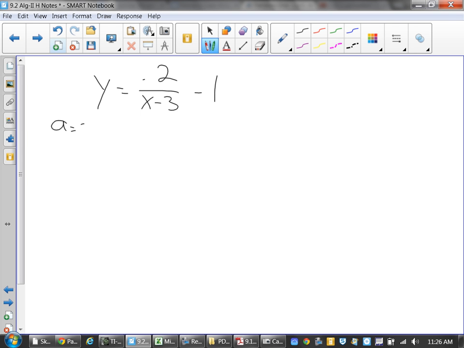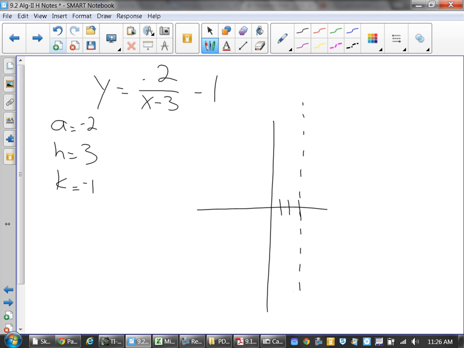Our a was negative 2, h is 3, k is negative 1. If I'm looking at it graphically to figure out what this is going to look like, I have a vertical asymptote at 3. Was it x plus 3 in the original? Sorry, I was just trying to memorize it.